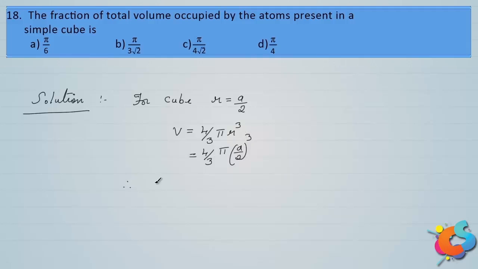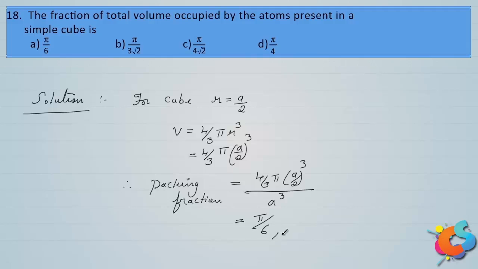Therefore, packing fraction can be given as 4 by 3 pi into A by 2 the whole cube divided by A cube. By simplifying this, we get the final answer as pi by 6, and hence the right option is option A.